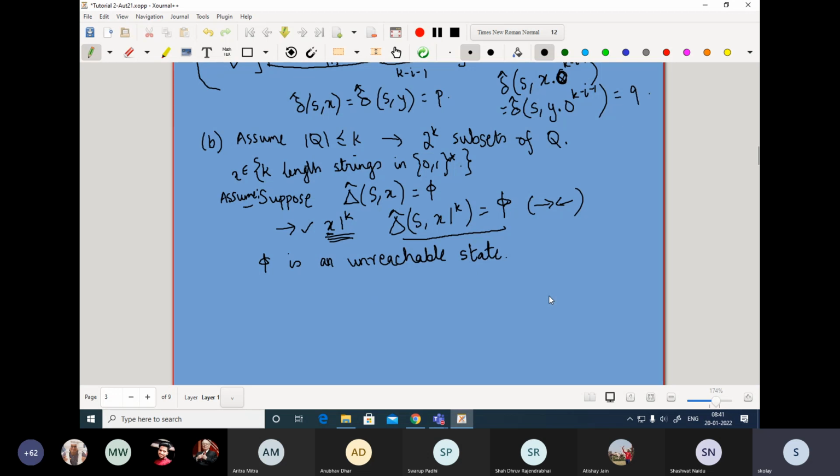Now, whoever said that if we find an unreachable state then we are done, please continue with the proof. Given that there are only 2 to the power k or fewer subsets, and we have found one unreachable, the corresponding DFA will not have enough states.